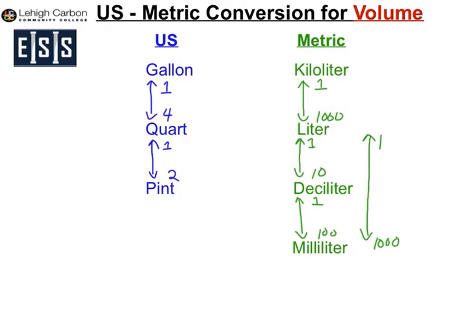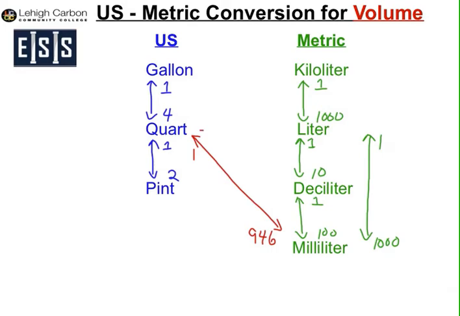Now that we have the measurements in both systems, we need a way to convert between the two. And the most common conversion factor I find that students will learn is the factor that 1 quart is 946 milliliters.